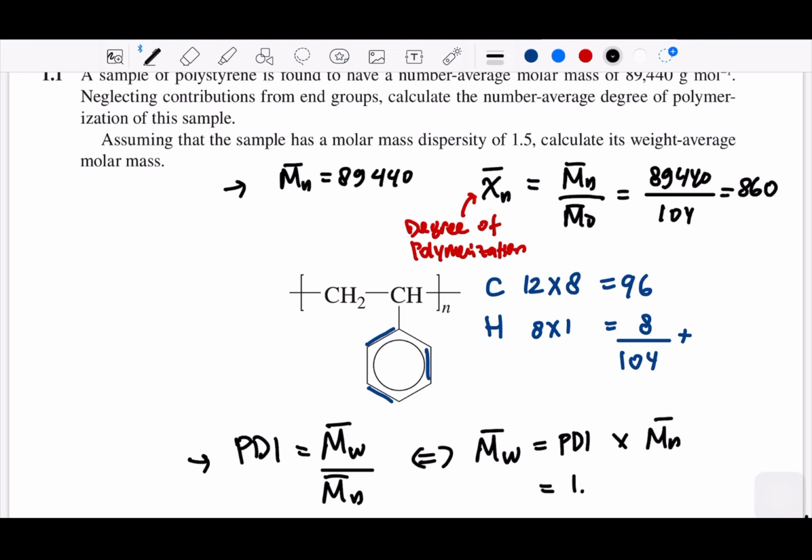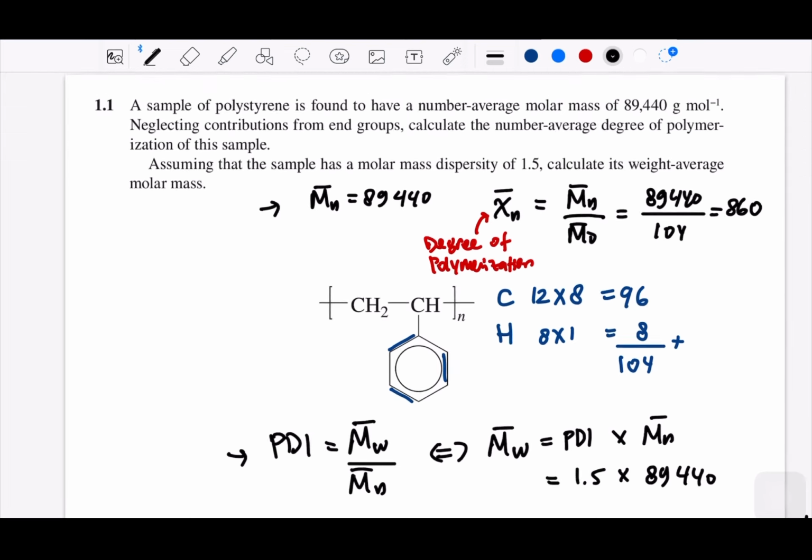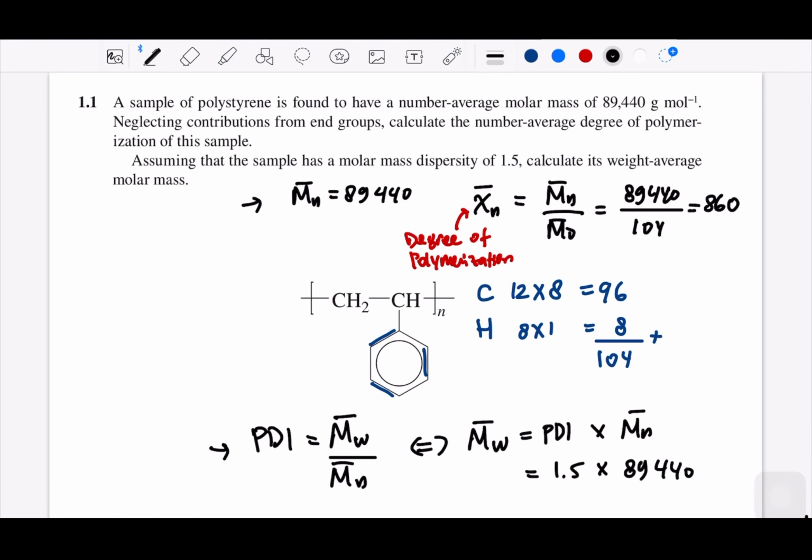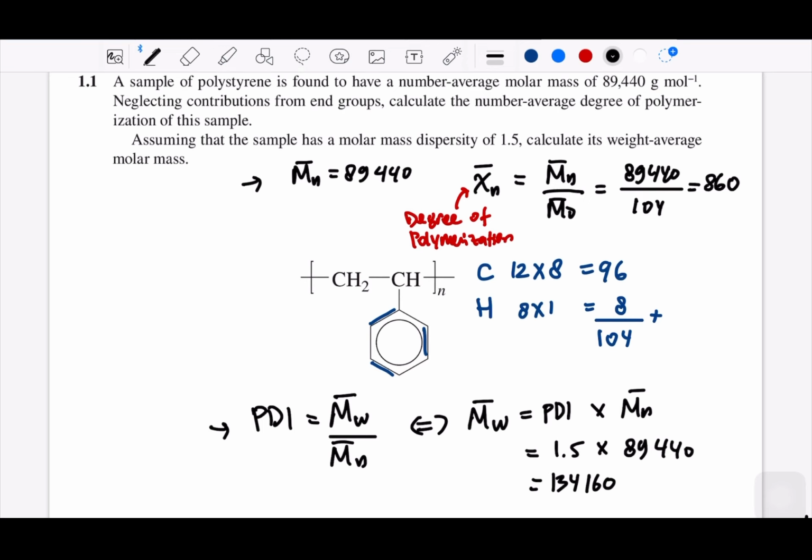So 1.5 multiplied by 89,440. This is 134,160. Okay.